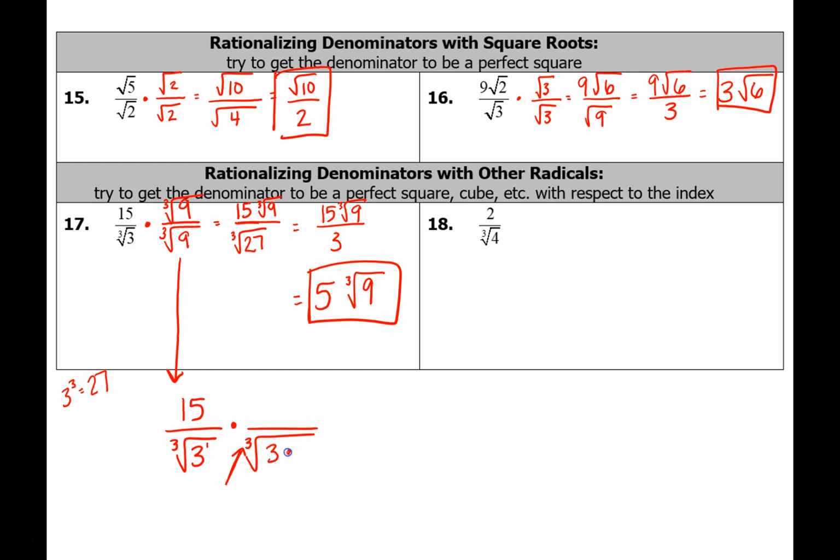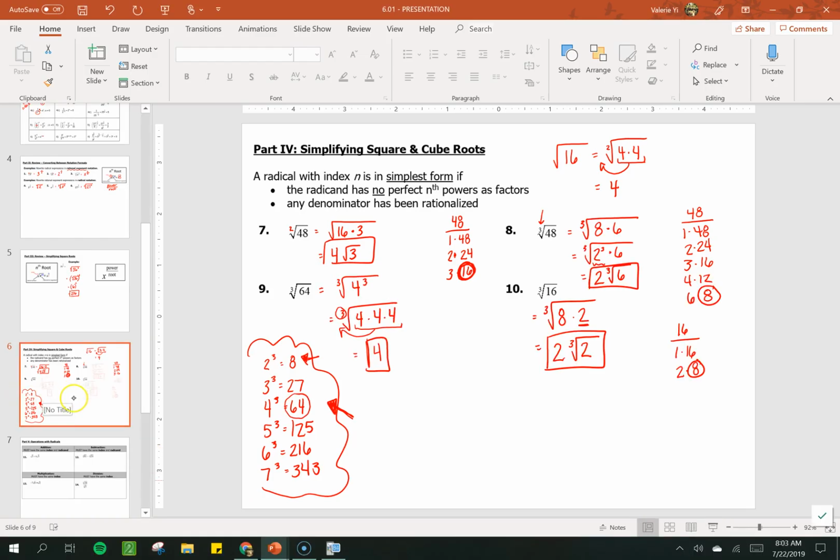So I can also think about this as multiplying by 2 more 3s, because that would give me down in my denominator 3 times 3 times 3. And that is a triplet that comes outside of the radical and leaves me just with the 3. Either way is a perfectly fine way to think about that problem, and you're going to get the same thing.